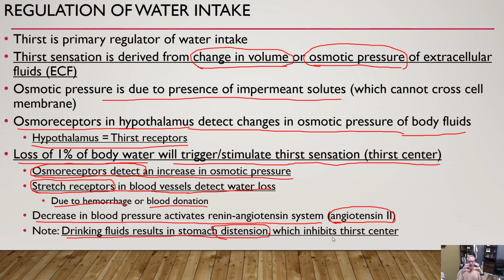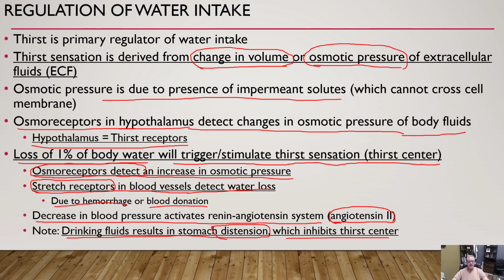The gastric band reduces the volume that the stomach can hold, and you drink a little bit of water and it stretches the stomach with that lower volume. So therefore less water intake is needed to satisfy thirst with a gastric band. So it's going to also inhibit that thirst center.